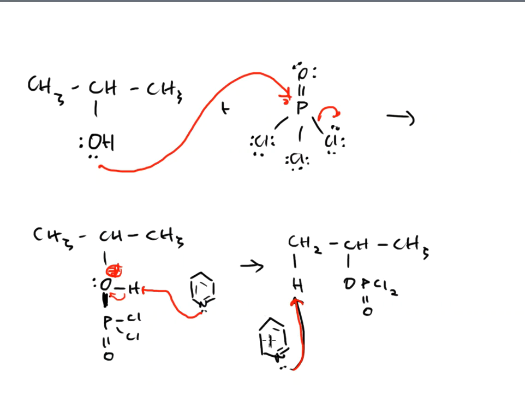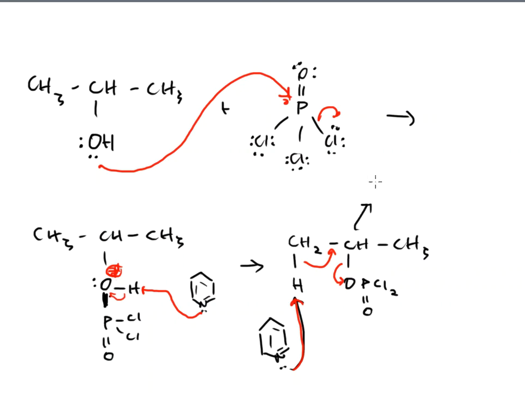So the second pyridine will come in and rip the hydrogen off of that carbon. Then that carbon will take those extra electrons and say, I've got your bail money, buddy. So here it goes. There's the double bond formation. And this carbon says, thank goodness, I'm at the police station. I was here waiting with a cop, so now the cop can go. And those electrons go off with the OP double bond O Cl2 molecule, which is a very good leaving group.